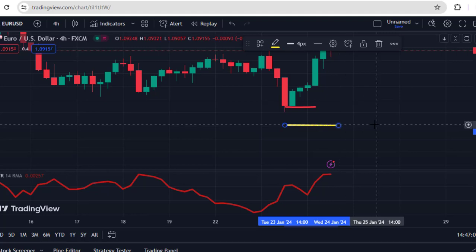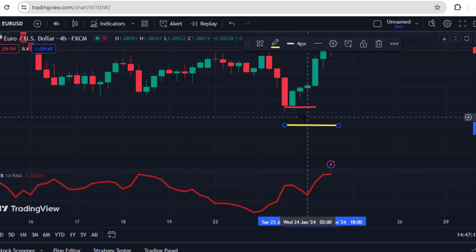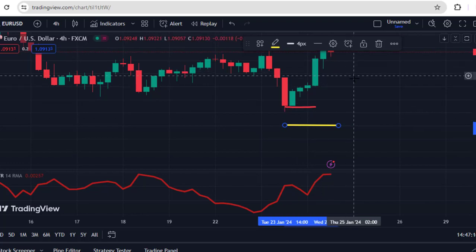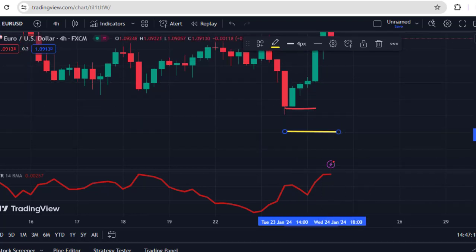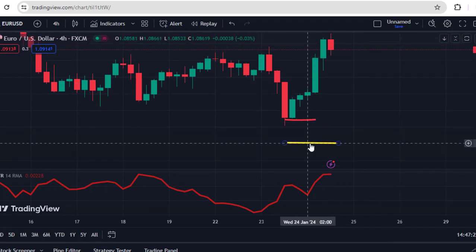That means the market has the capacity of moving 24 pips downward. So I have to give a buffer for that movement so that if it occurs, I don't get caught out in the market before the market moves in my predicted direction. So this is how you use the ATR for your stop loss placement.